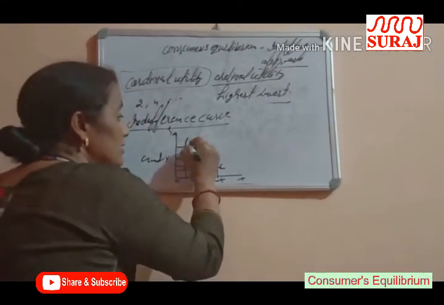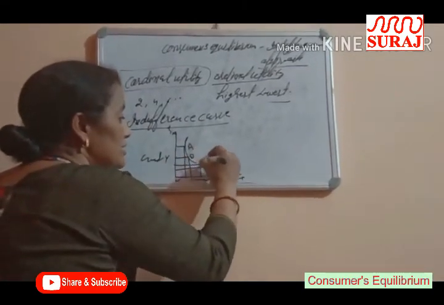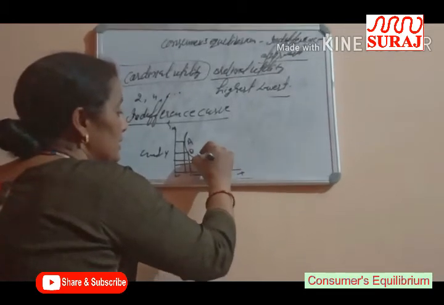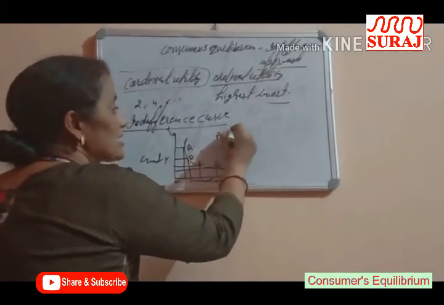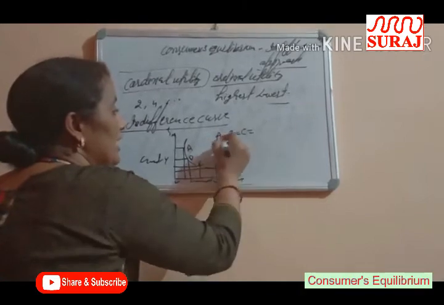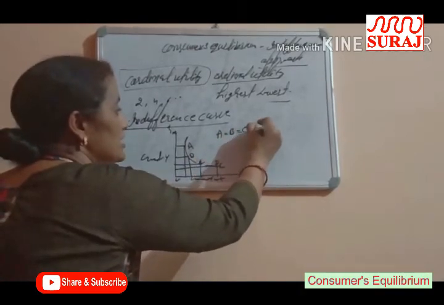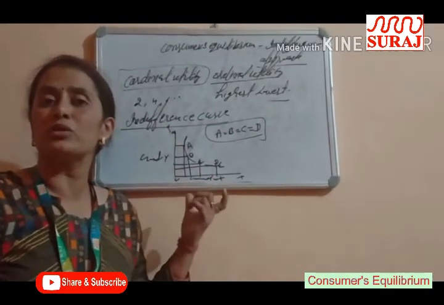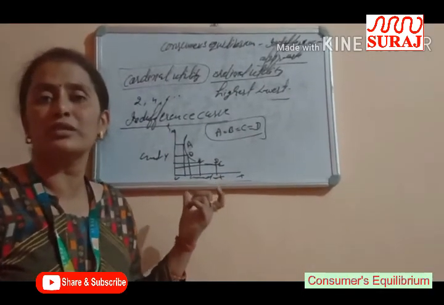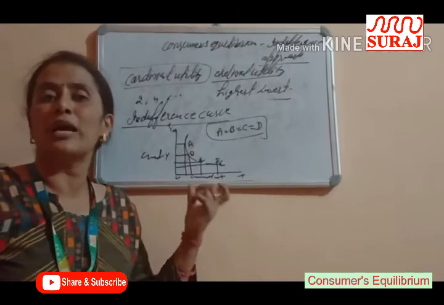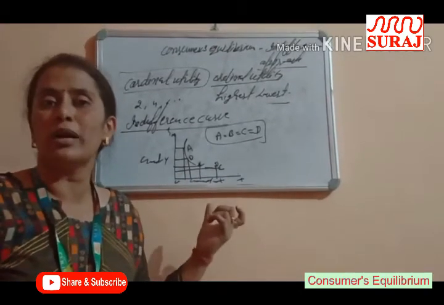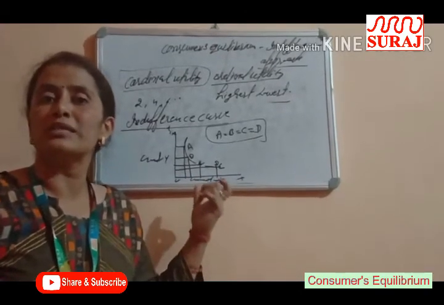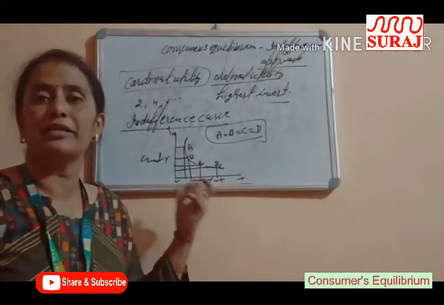It means points A, B, C and D provide the same level of satisfaction: A is equal to B, B is equal to C, C is equal to D. So the combinations available on the same IC provide the same level of satisfaction, right?